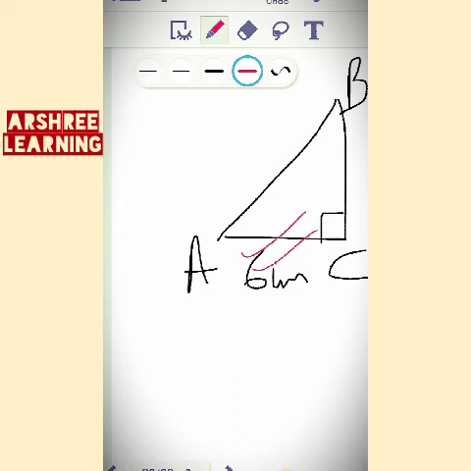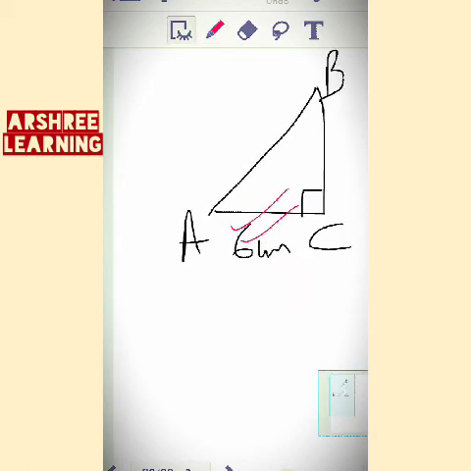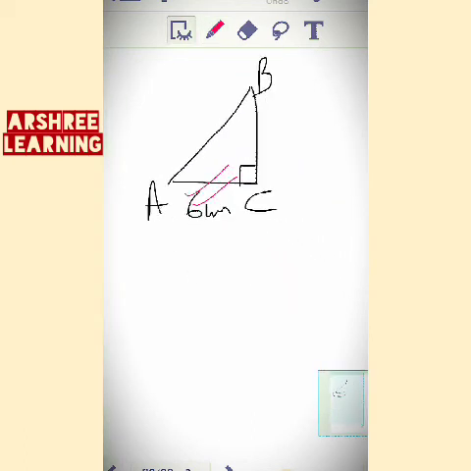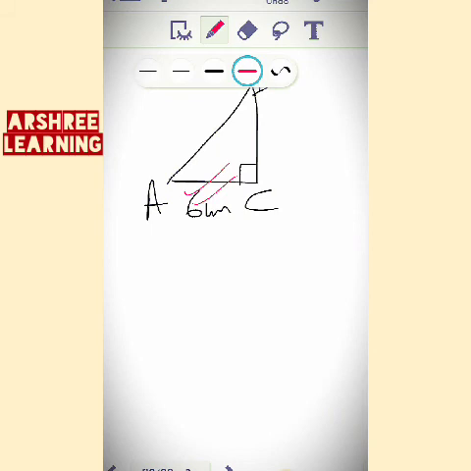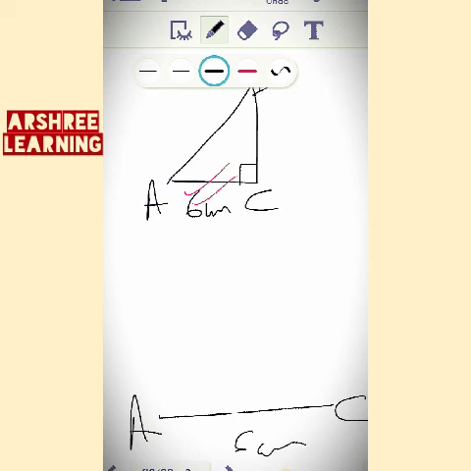After that you will make a 90 degree angle. So first draw AC. AC is equal to 6 centimeter. Construct an angle 90 degree.